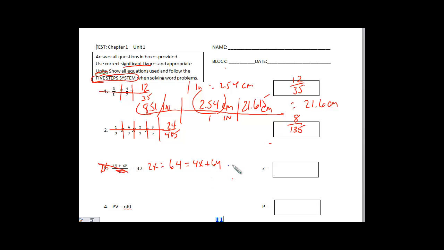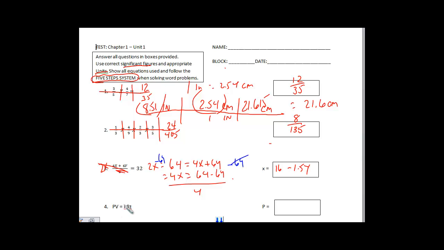Now what I would do is I would subtract the 6y, and I'd end up with 4x equals 64 minus 6y, and now I divide by 4, and I'd end up with x equals 16 minus 1.5y, or 3 over 2 y, okay?